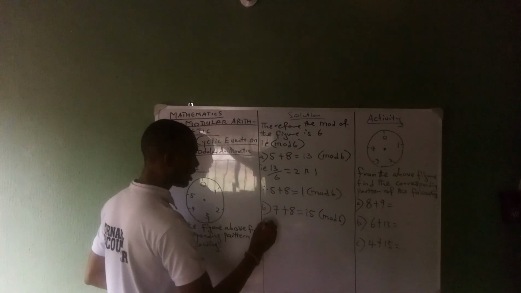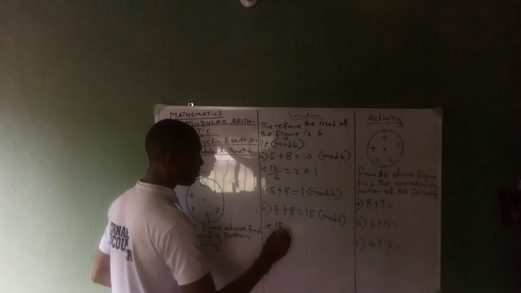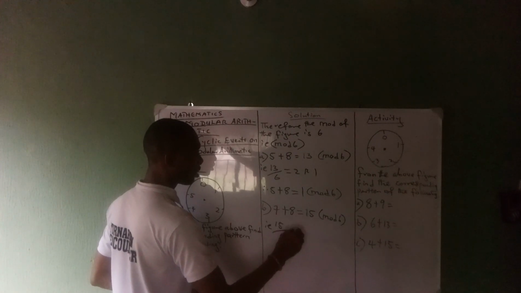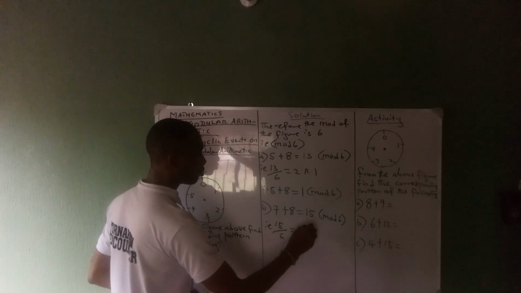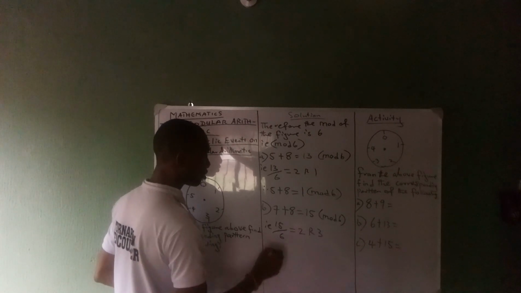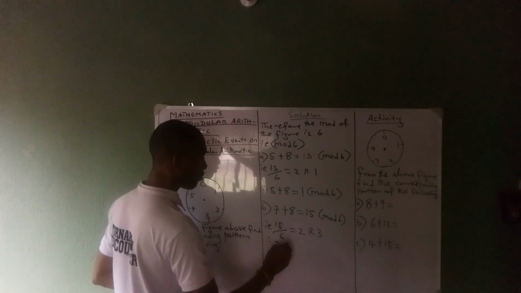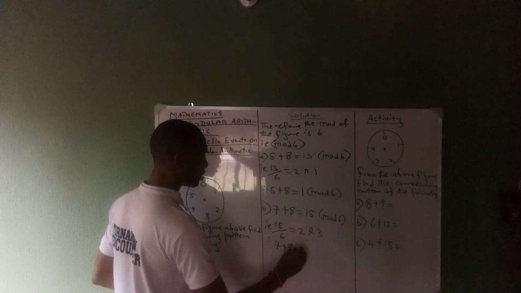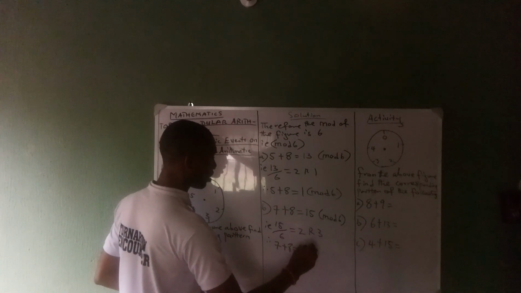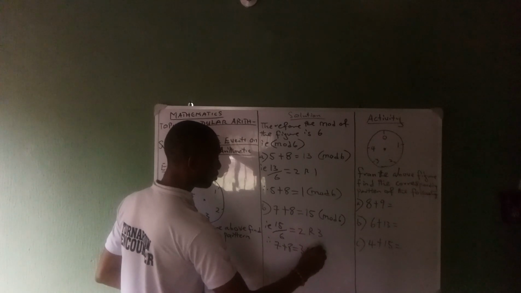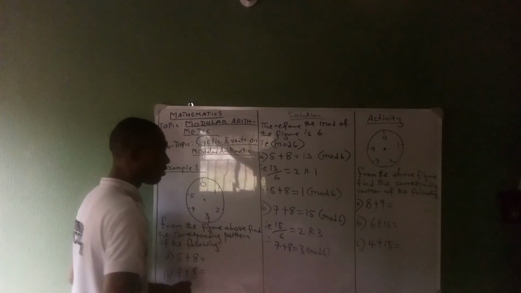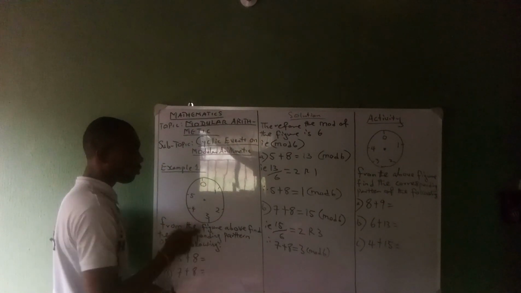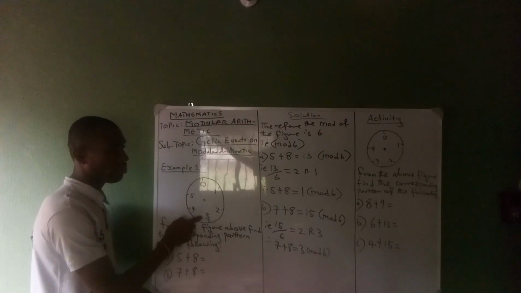We say 15 divided by 6 will give us 2 remainder 3. So we say therefore 7 plus 8 is equal to 3 in mode 6. So the corresponding pattern of 7 plus 8 is 3, and if you watch the figure here, we have 3.